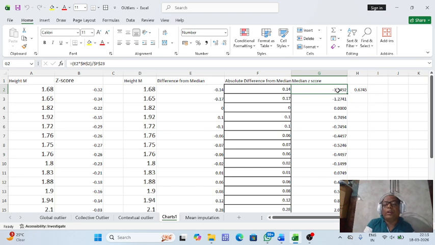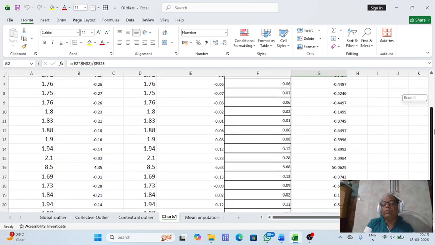How has it been calculated? Again, E2 means the deviation of the value from the median, into H2. H2 is the constant value that we have for this formula, and then F23 is the MAD, that is the median absolute deviation.